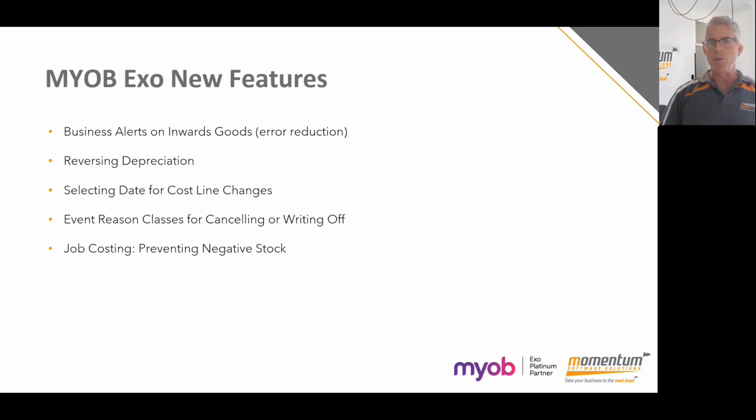And if you've already rolled your system into the new month, and that's a common scenario, so I'm in the second or third day of the month trying to adjust some things that relate to prior month, it's a problem. The new feature allows you to control that and still post those write-off transactions back into the prior month so that you've got an accurate work in progress report and margin on the jobs that you're working on. So again, a little thing, but a big thing.